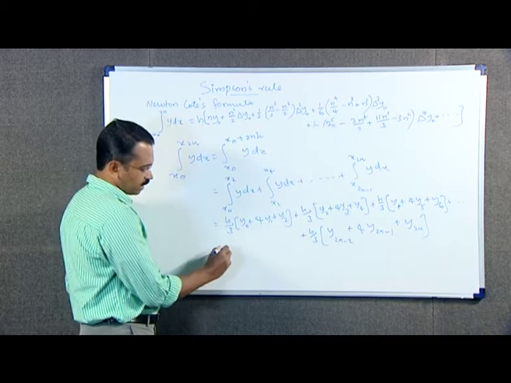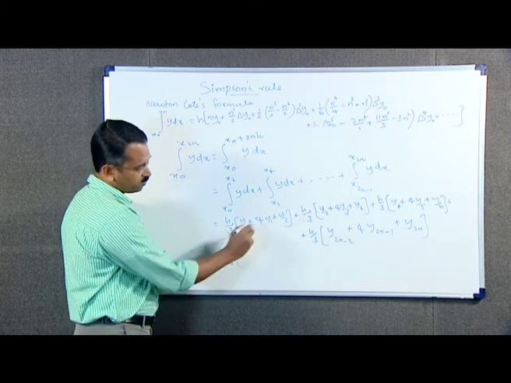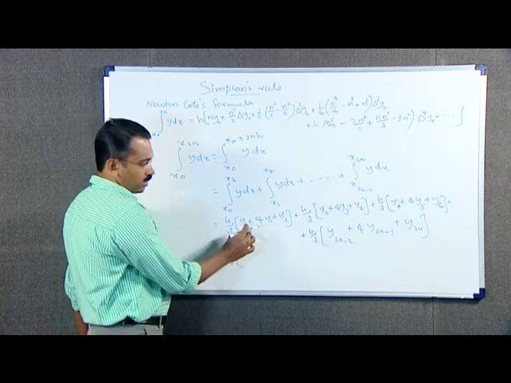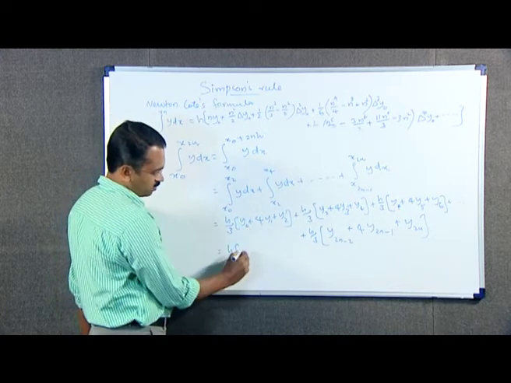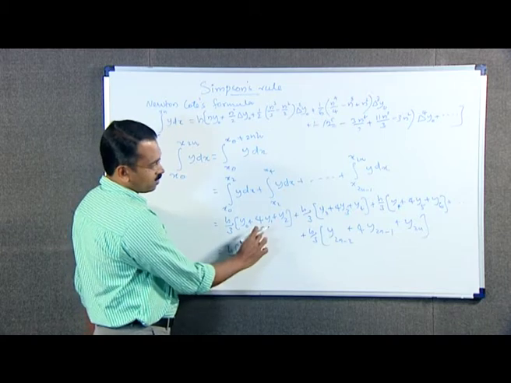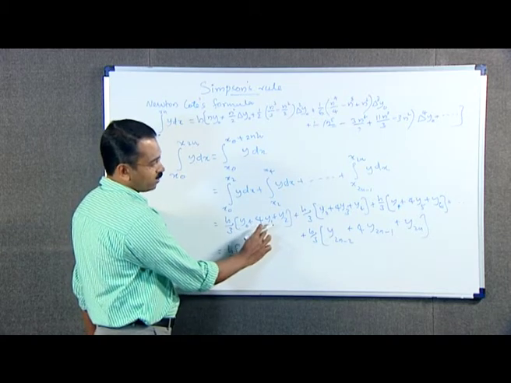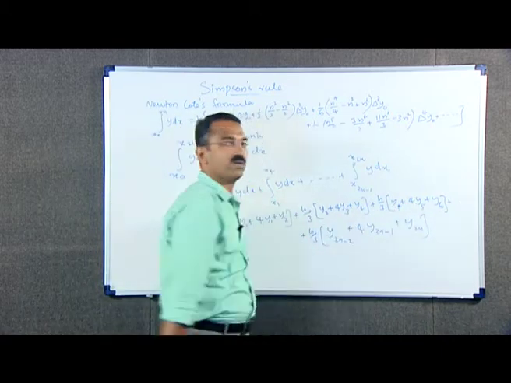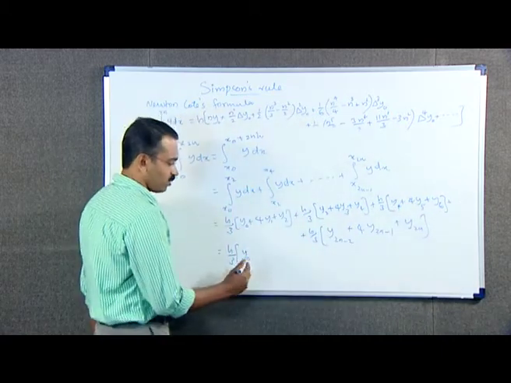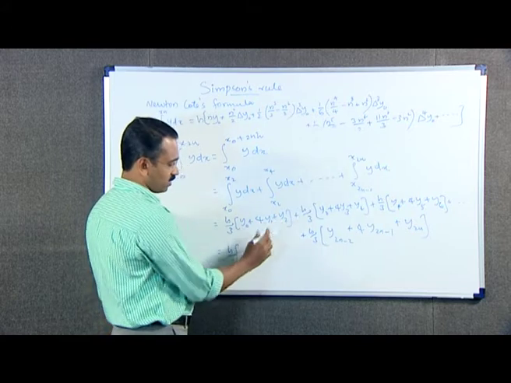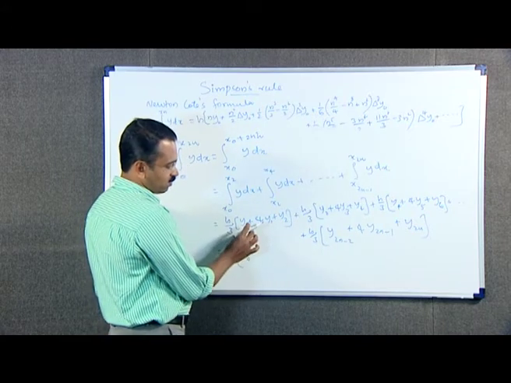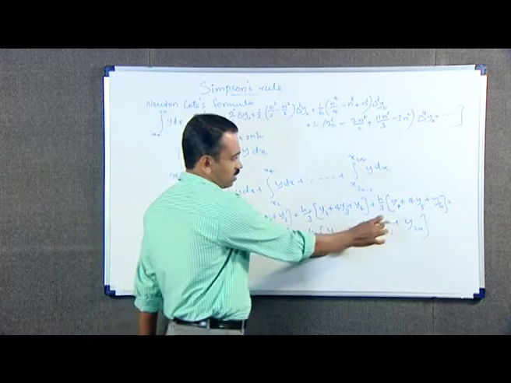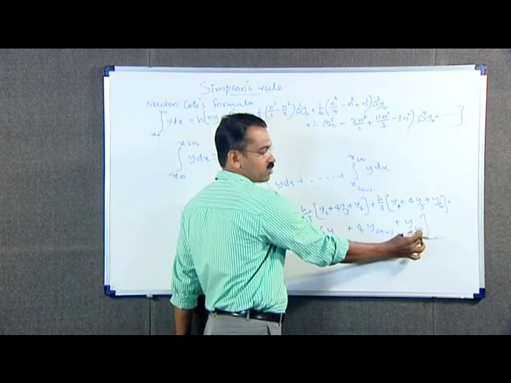This is equal to h by 3, which is common, into y0, here 4 y1 plus 4 y3 plus 4 y5 etc. Therefore, we can combine the terms. y0 is only 1, also y2n is only 1.